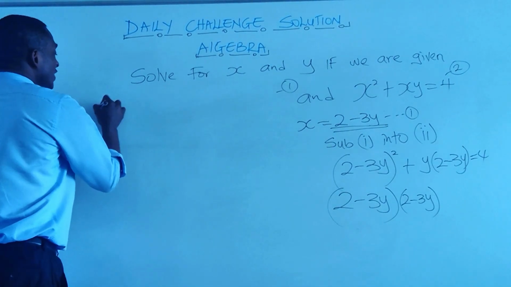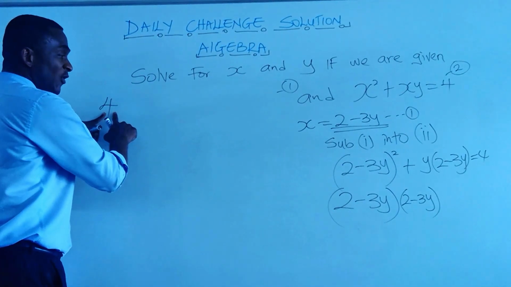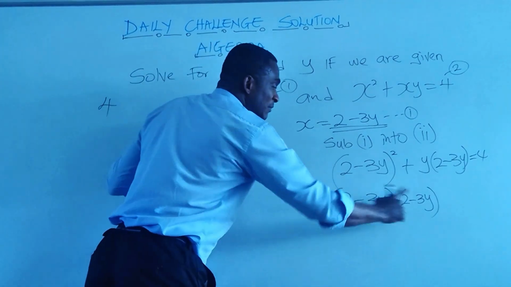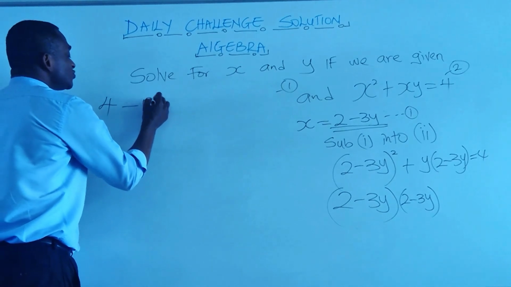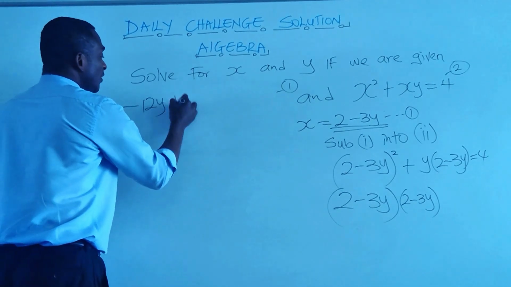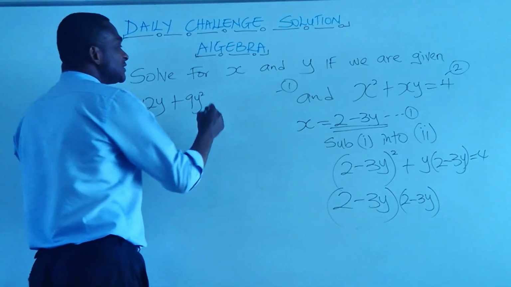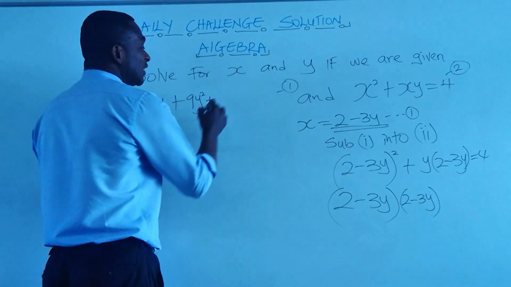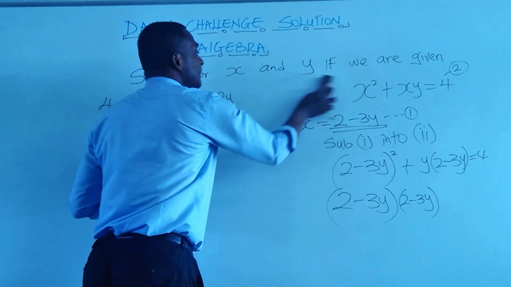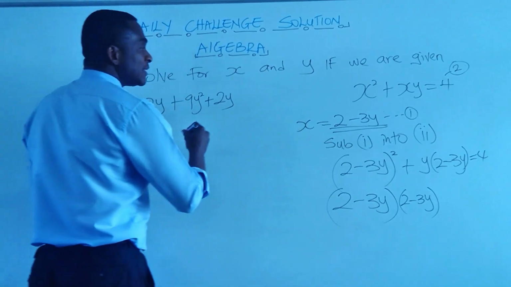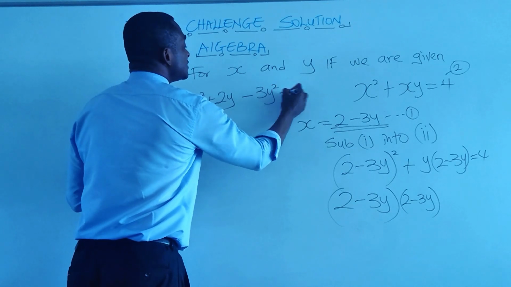If we use the distributive property to multiply the first and the second bracket, we have 4 minus 6y, that gives us minus 12y plus 9y squared. Then the second part gives us 2y minus 3y squared equals 4.